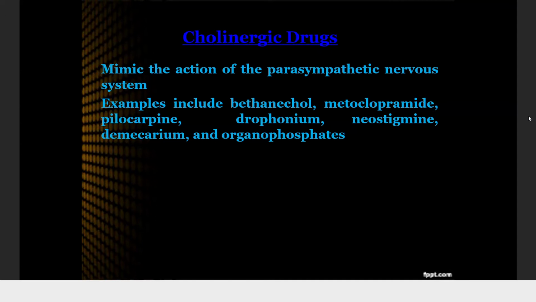Organophosphate is actually not really a drug. They are more like toxins or poisons, normally used to kill off weeds and stuff like that for agriculture use.